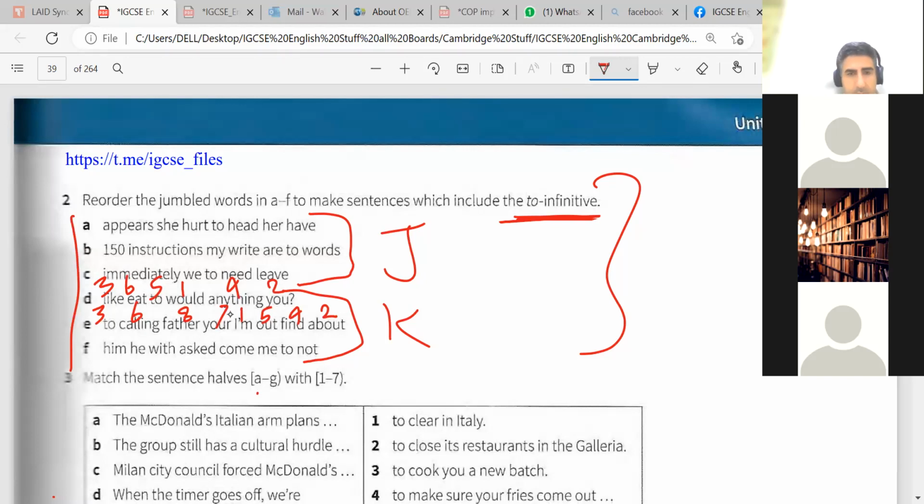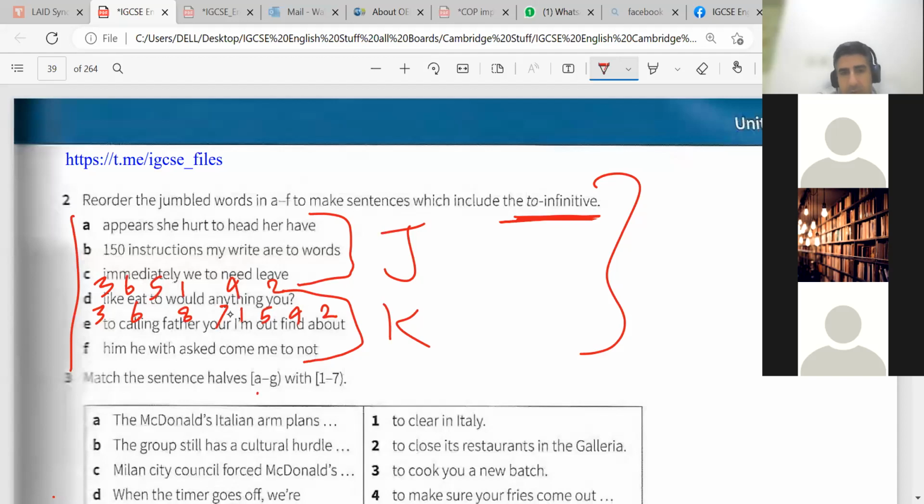Sorry, here the infinitive is not correct, ya shabab. You should say, I am calling your father to find out. Again, I am calling your father. Why are you calling your father? To find out about.